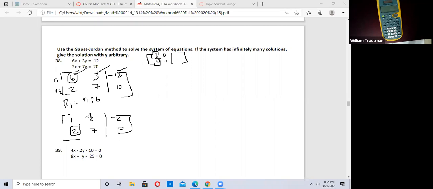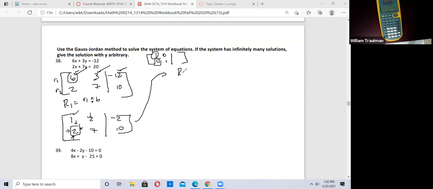And it's always good to use subtraction when you're trying to get a 0, especially when you have a 1 up there. So now I know I have to change row 2 because I need to change this to a 0.